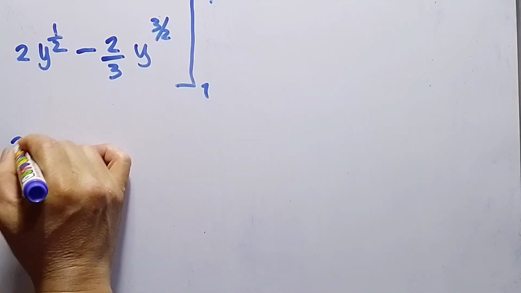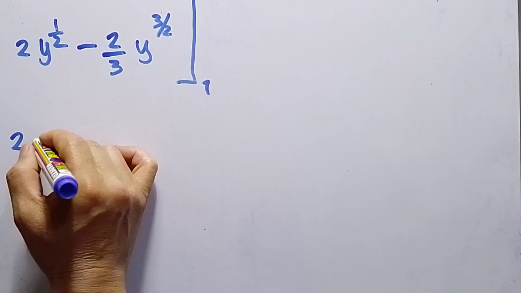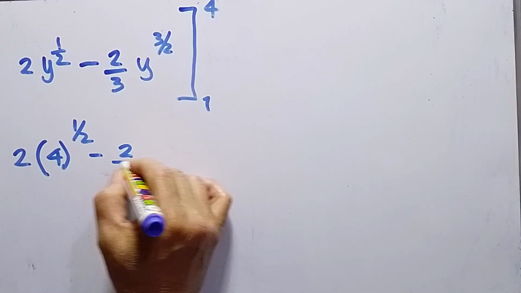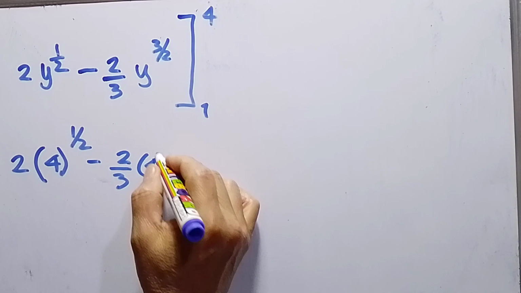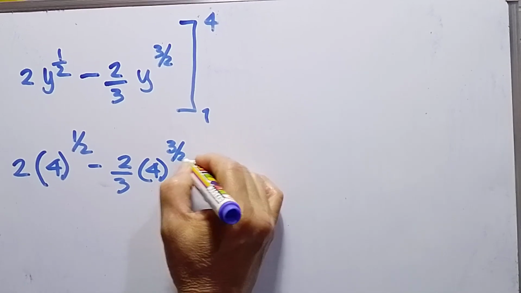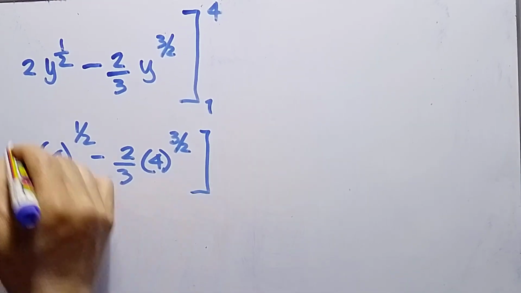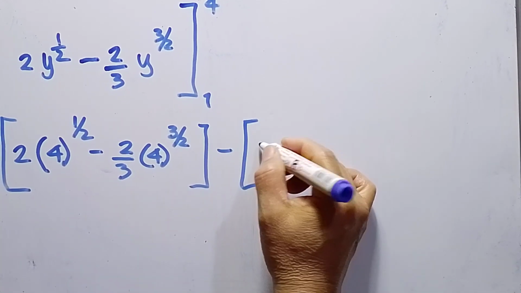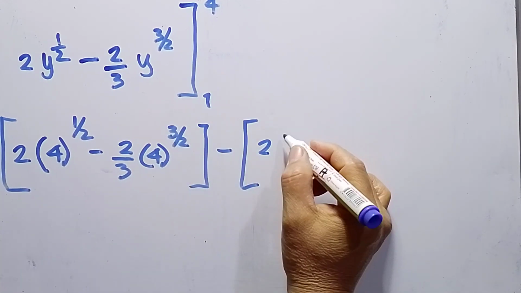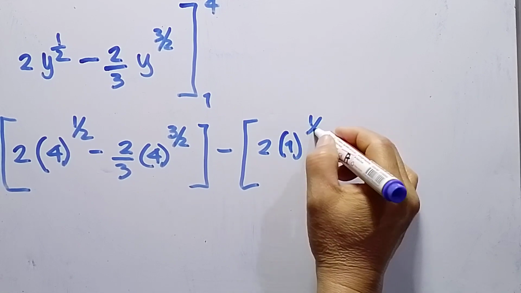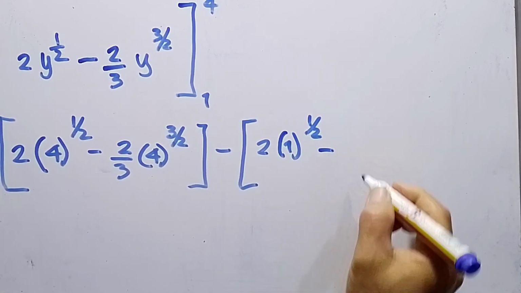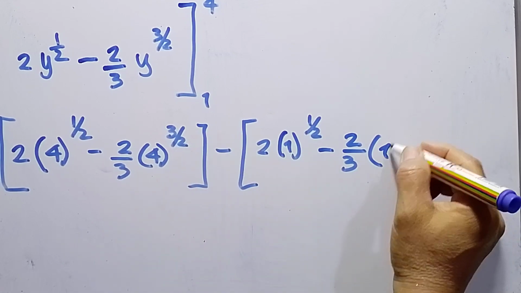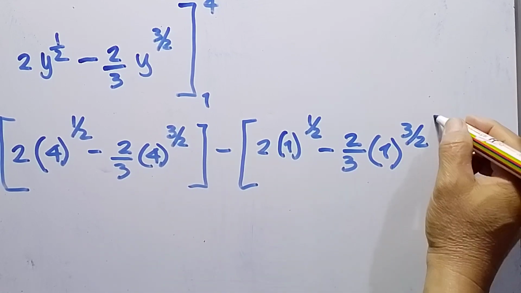Okay, so substitute: 2 times 4 raised to 1/2, then minus 2 over 3 times 4 raised to 3 over 2. Then minus, this will be 2 times 1 raised to 1/2 minus 2 over 3, substitute 1, raised to 3 over 2.